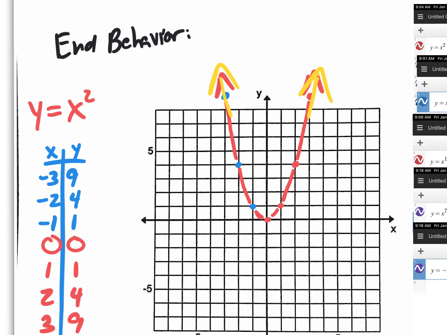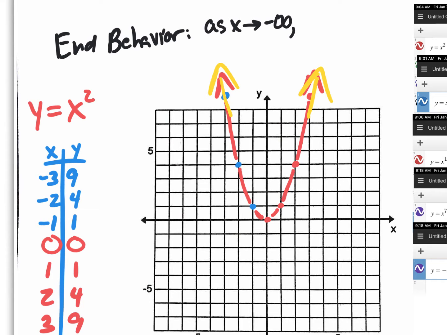But we want to write that description of it ending up here and up here with the correct end behavior notation. And we're going to write it like this. This is the first time you see it. As x approaches, you put an arrow representing approaches, negative infinity first. As x approaches negative infinity.